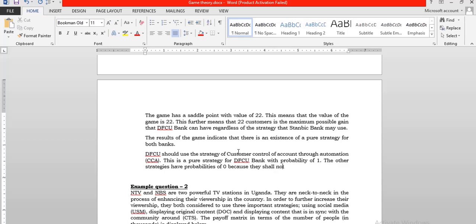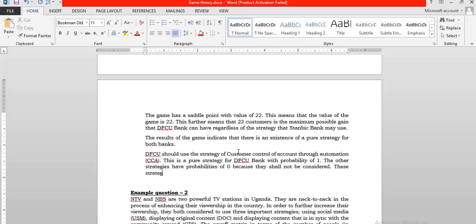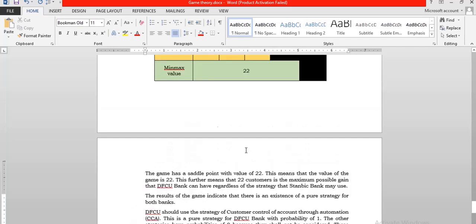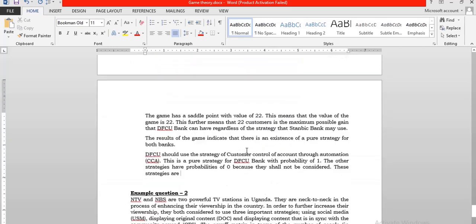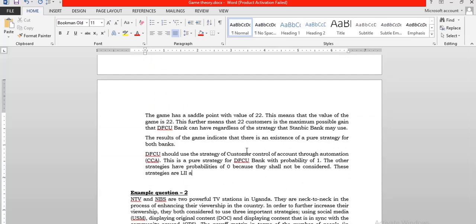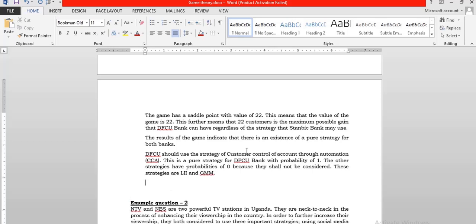These strategies are LII and GMM. Okay. Similarly, we shall say Stanbic Bank.